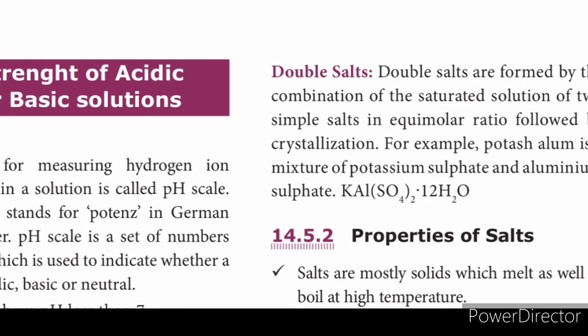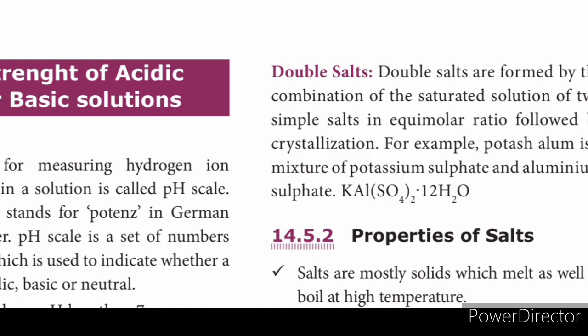When 2 salts are taken in a proper ratio, dissolved in a solution, and followed by crystallization. Crystallization is a method. In lower classes, you would have studied sublimation, crystallization, radiation, evaporation.